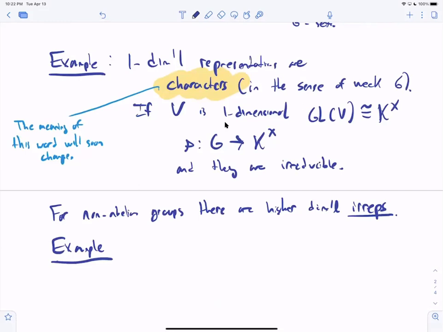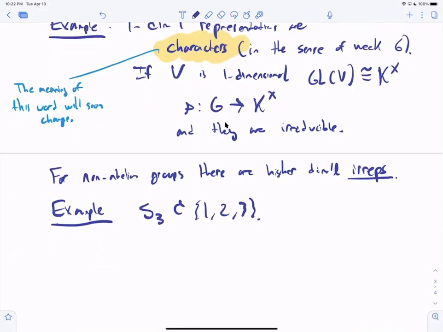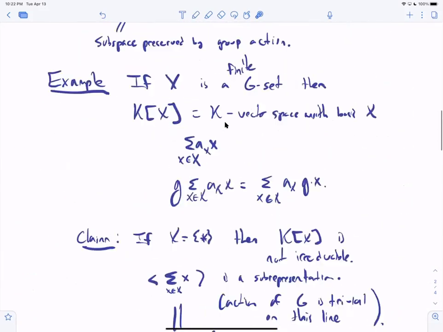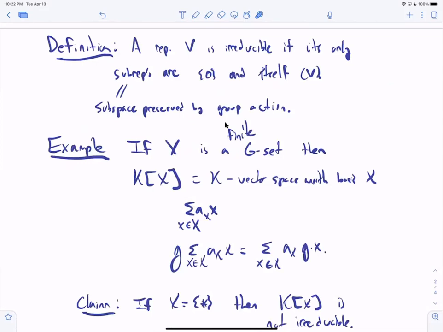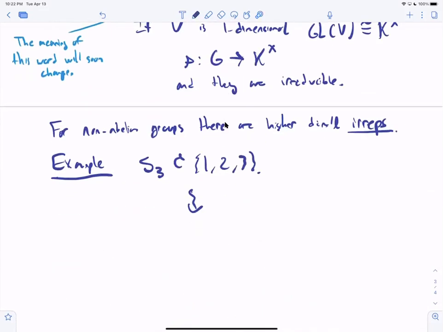If I take S3 acting on the set 1, 2, 3, then this permutation representation construction, where I take a set X and take K brackets X, just gives you the action of S3 on K3, where S3 acts by permutation of coordinates.